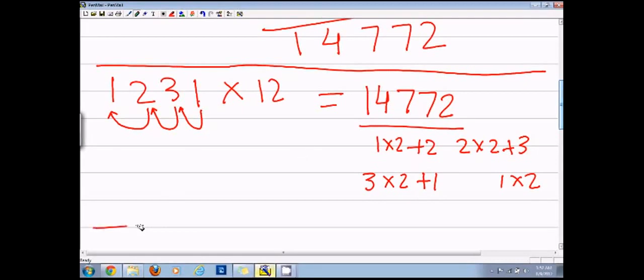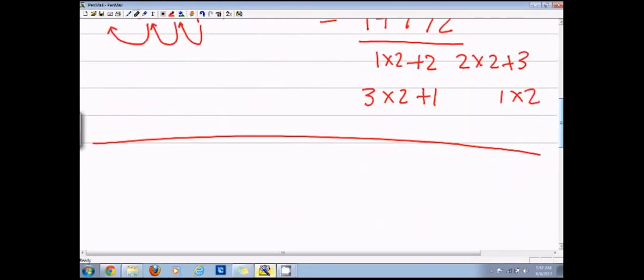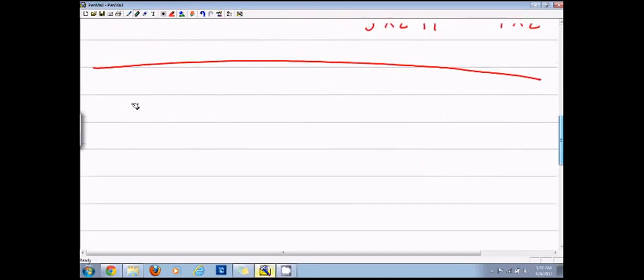Let's take another example. If I have to multiply 1212 by 12, let's do it again.